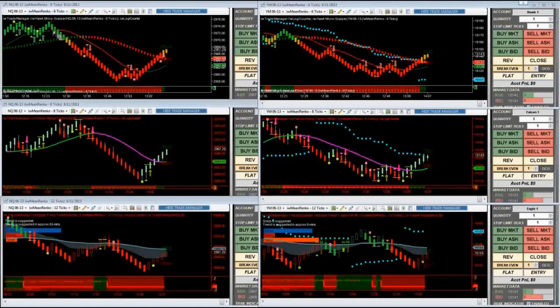These are the mean Renko bars that I have displayed here. The mean Renko bars are a tool that comes standard with the DTS system. Mean Renko bars, they're essentially a blend. I wish they'd given it a sexier name than that, but it's essentially a blend of Renko bars and candlestick bars.